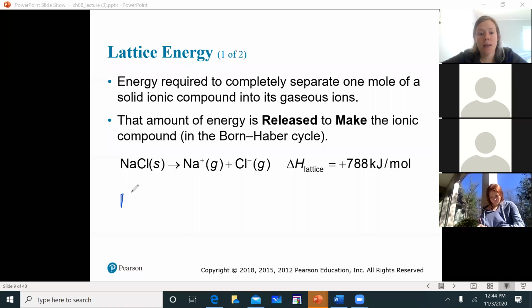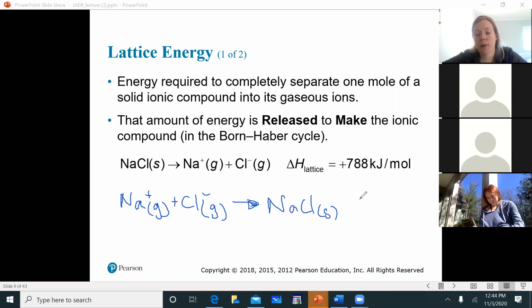So if I'm instead going from the Na plus gas and Cl minus gas into the solid, this is where it's exothermic. This will be minus 788 kilojoules per mole. So to produce a salt, it's exothermic. To break up a salt, it's endothermic, or positive.